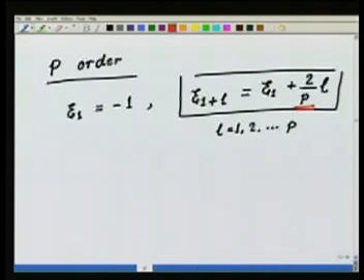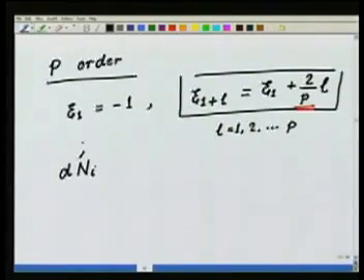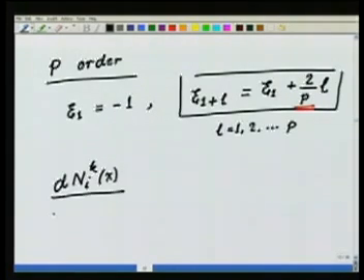So now if I have this definition of shape functions, how is it going to change things? So what we know is that we were interested in finding, for a given physical element, the derivative of the shape function with respect to x, because that is what went into our element calculation.